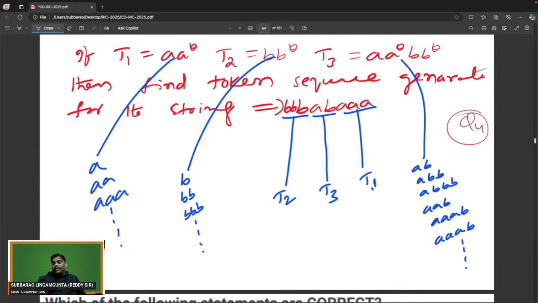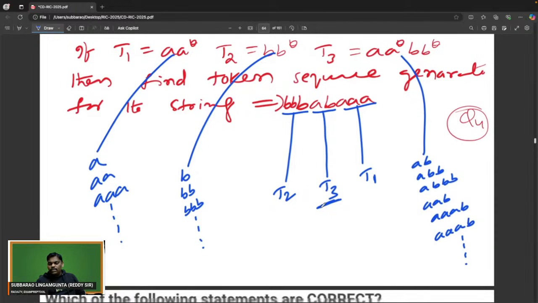So at the T3 place I have two choices, I can take T1 or T3, but the longest matching is T3, so I will go to T3. I think everyone is comfortable. So this is the token sequence.